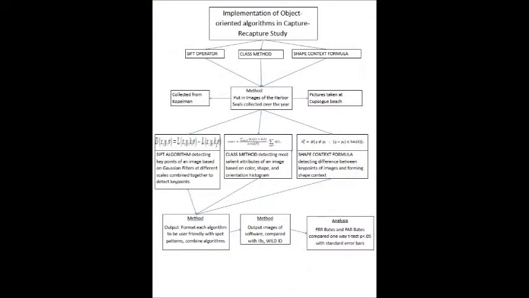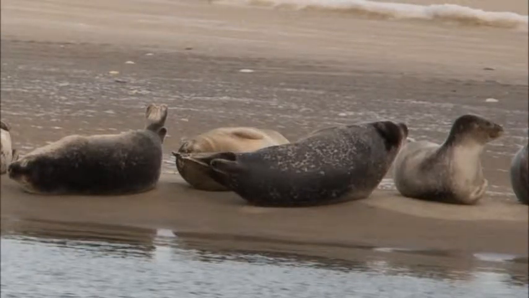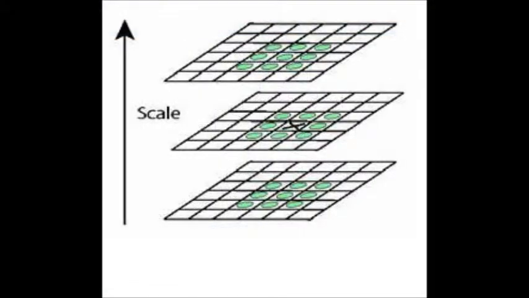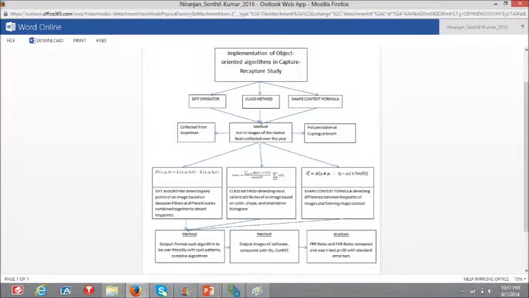The new modified software will be based on three algorithms that are key in each software. The first is the SIFT algorithm, which detects the key points of an image based on Gaussian filters at different scales combined together. The next is the CLASS method, which detects the most salient attributes of an image based on color histograms.